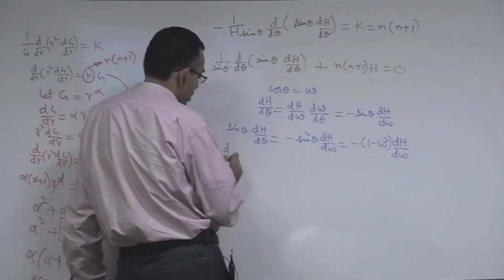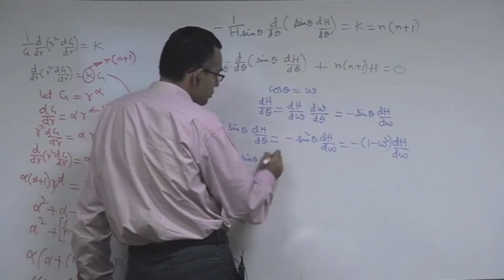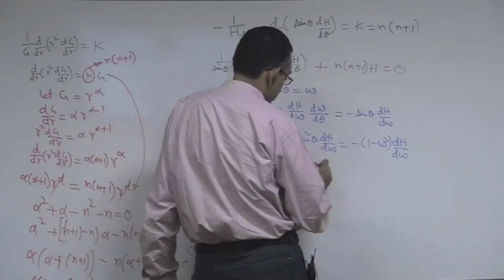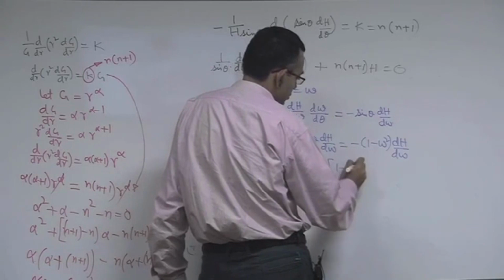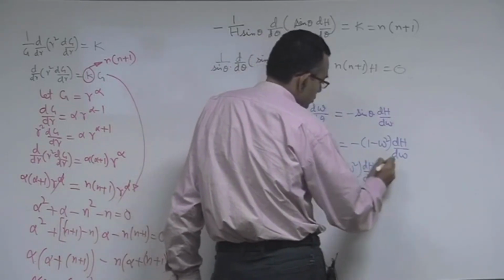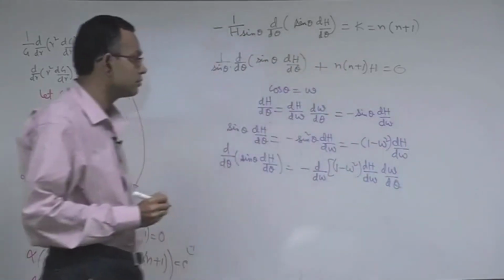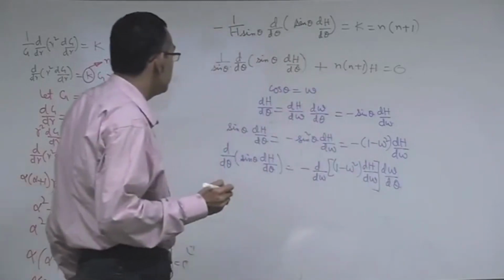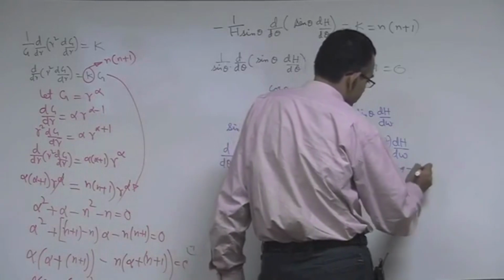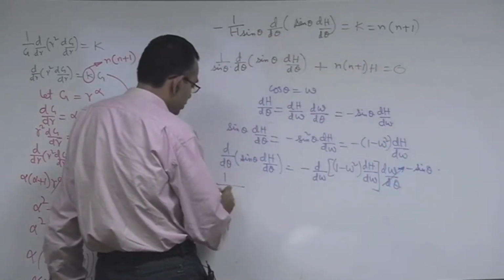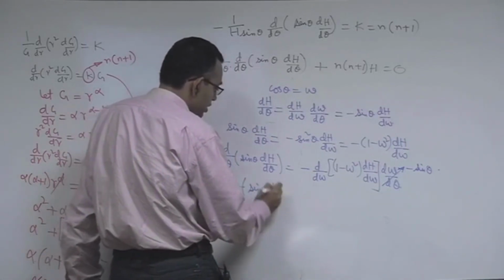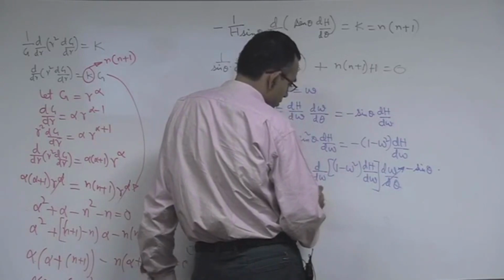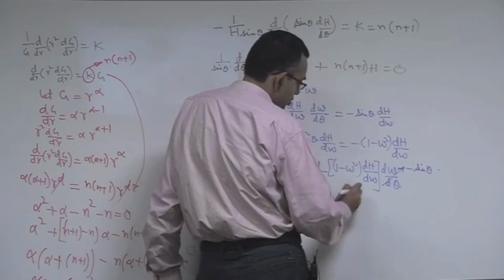d/d theta of sin theta dh/d theta is equal to d/dw of this into dw/d theta. dw/d theta is minus sin theta, and 1 by sin theta of d/d theta of sin theta dh/d theta is equal to d/dw of 1 minus w square dh/dw.